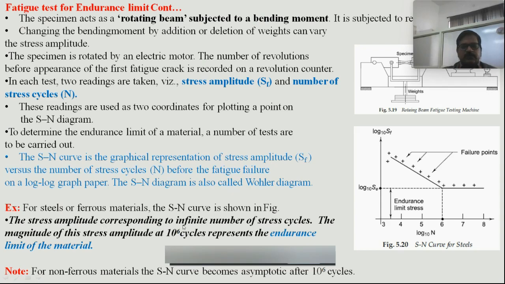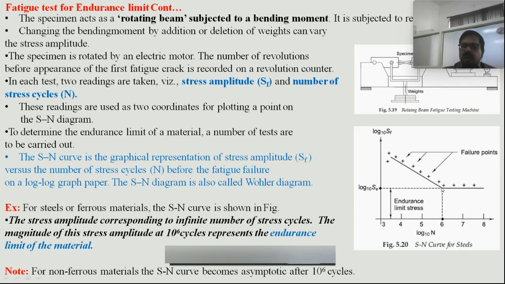The stress amplitude corresponding to the infinite stress cycles, the magnitude of the stress amplitude at 10 power 6 cycles, represents the endurance limit of the material. So here you can see at 10 power 6 cycles, the corresponding stress value is known as the endurance limit.